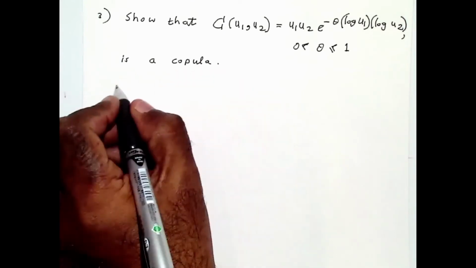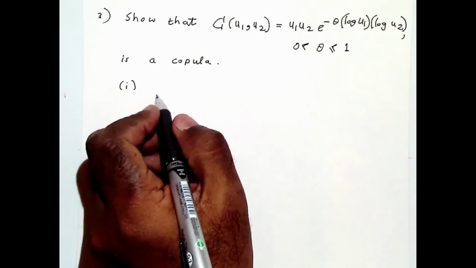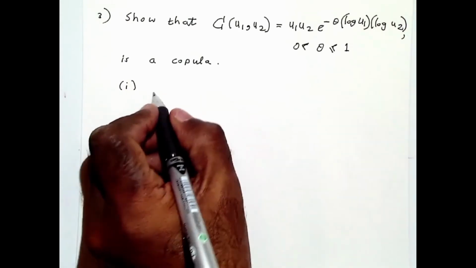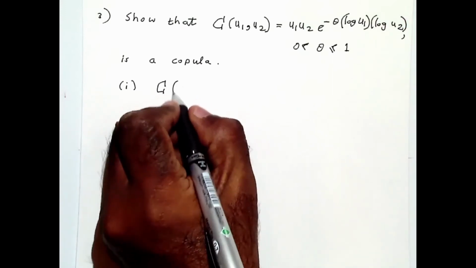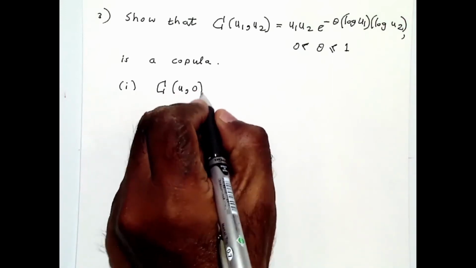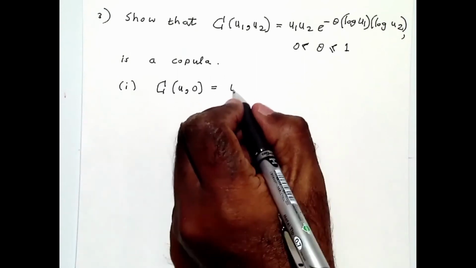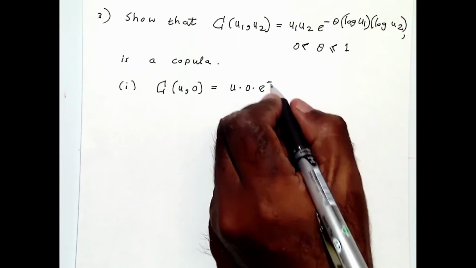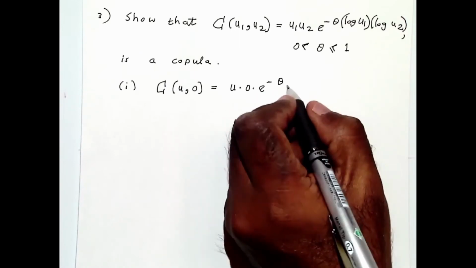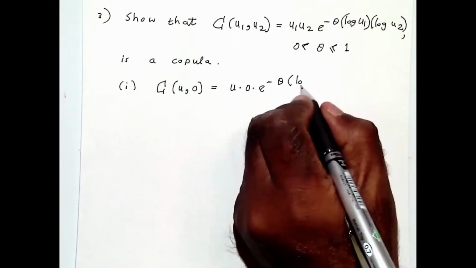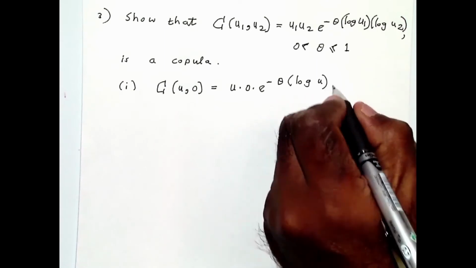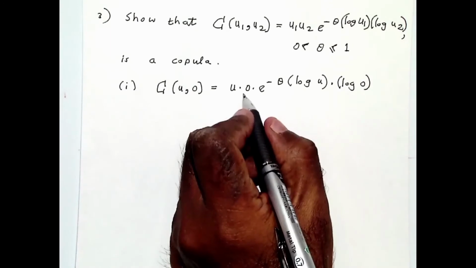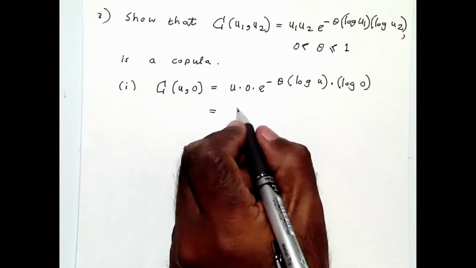So the first part is always the easy part. So you have C of u comma 0. So it's going to be u times 0 times e of minus theta log at u minus log at 0. Because of the 0 here, everything has to be 0, right?